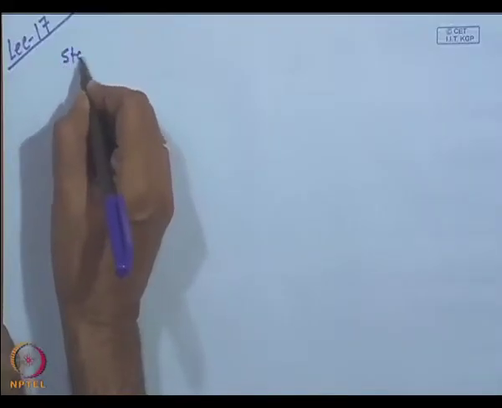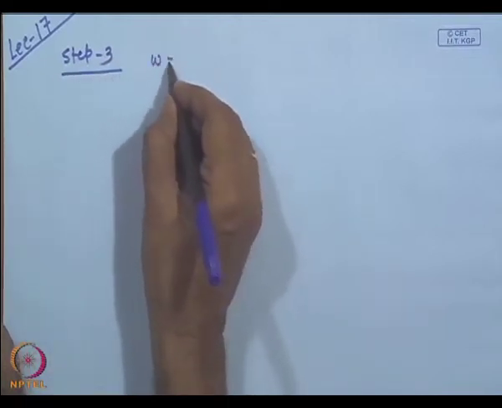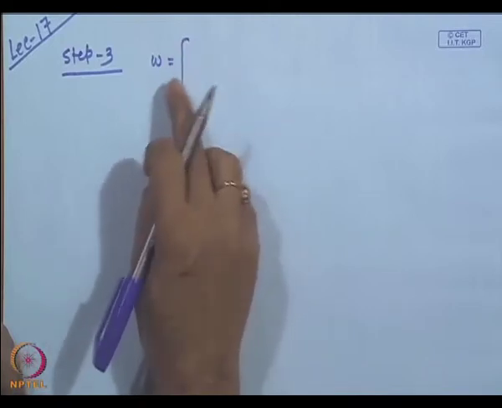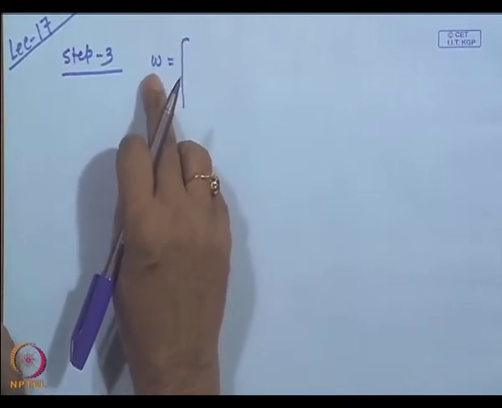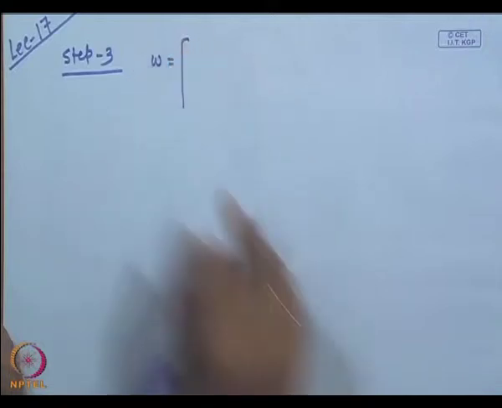Then today we will see that once we know x 4 is the non-basic variable to be changed to a basic variable, we have to select between x 1 and x 2 which one will become non-basic. So, step 3 is to define w, which is the element associated with x 4 from the A matrix.